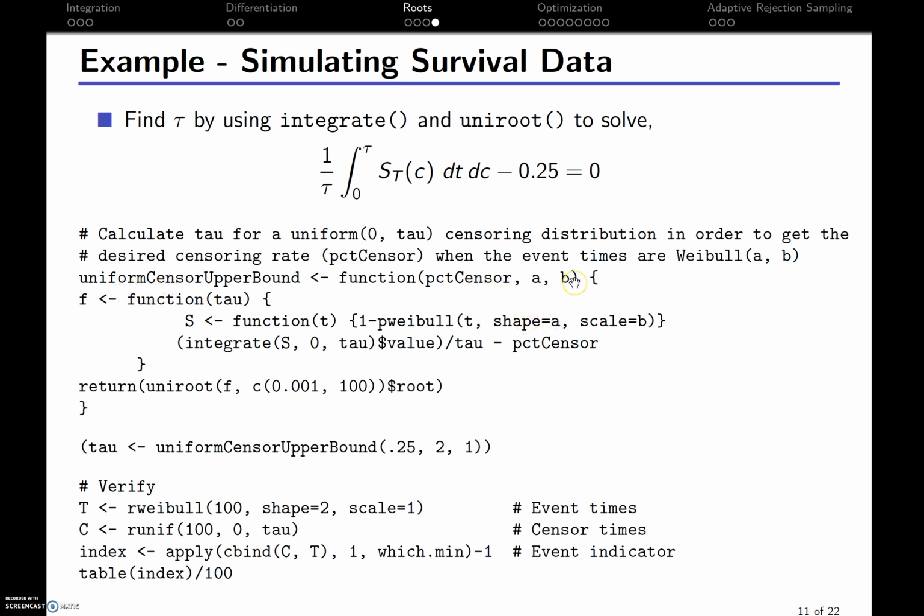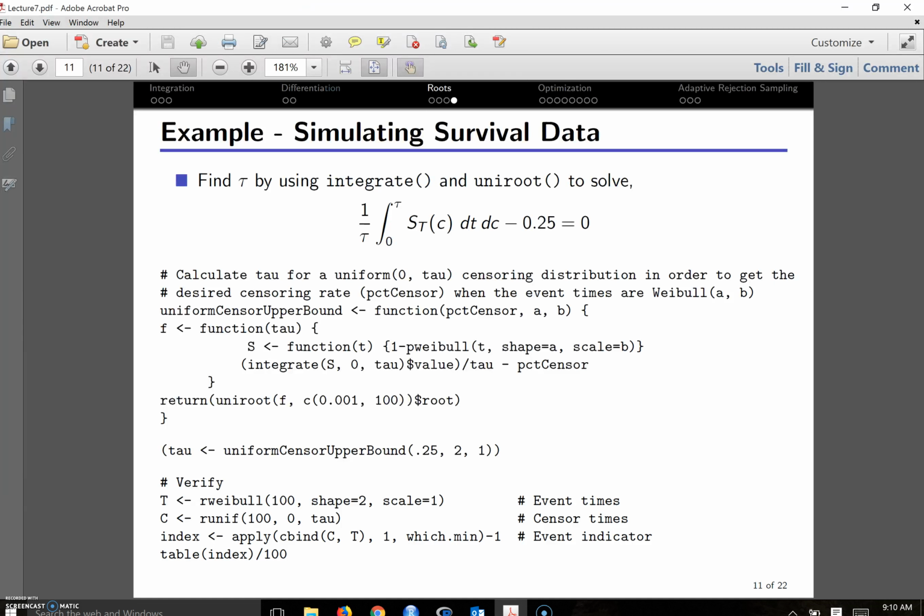Those are our arguments that go into this, then it feeds into this. This gets optimized, or we find the root, using uniroot, and then that gets returned. So then we can save that root within tau and then use it for evaluating. I'm not going to go over this, but this is just verifying that this value of tau does indeed provide the desired censoring.